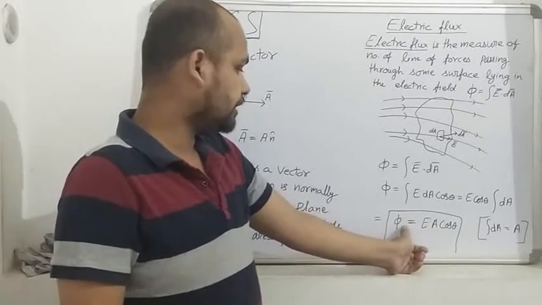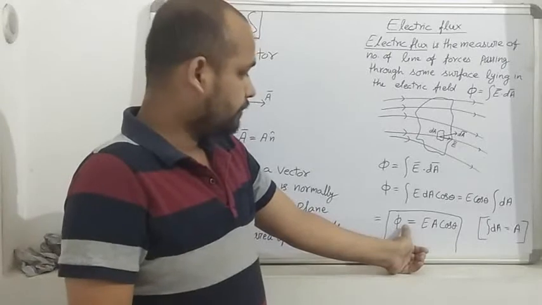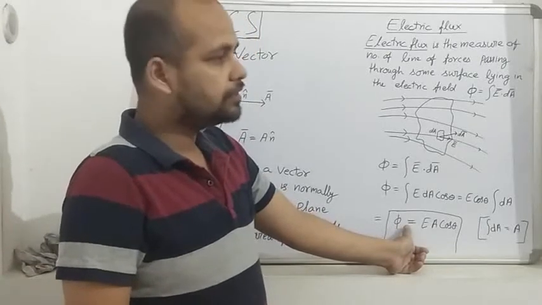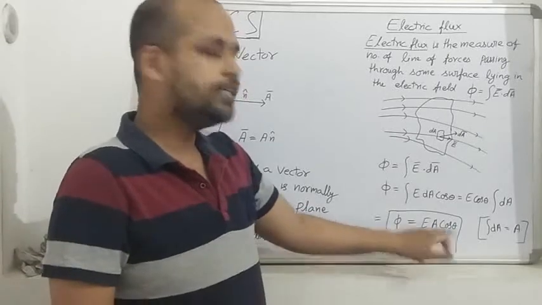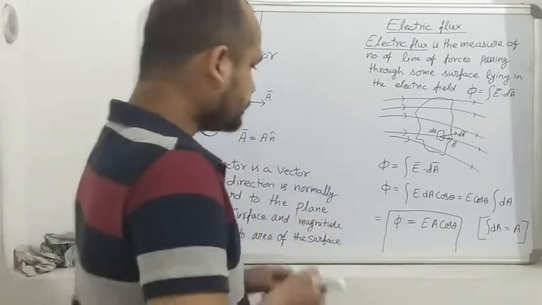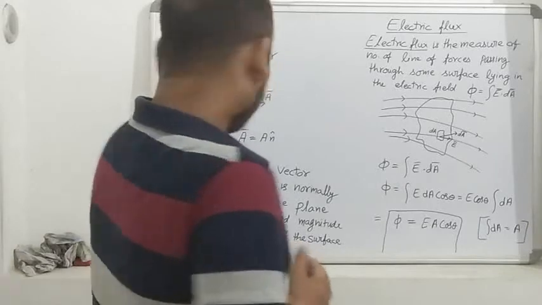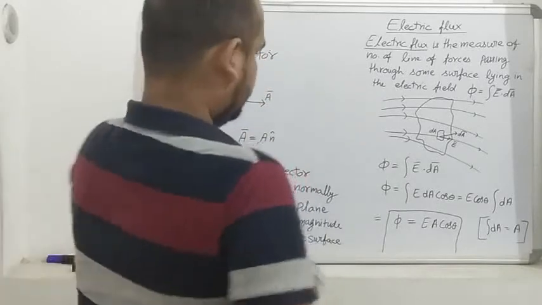If you have to find the electric flux of any surface lying in an electric field, then you will apply this formula: phi is equal to EA cos theta. Now let us take certain cases.